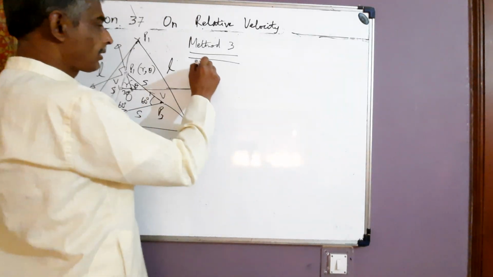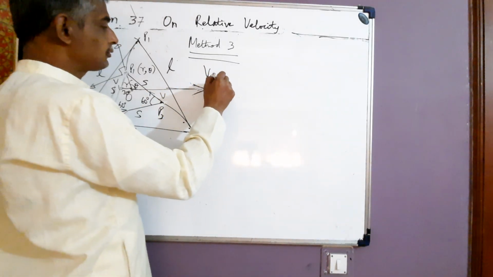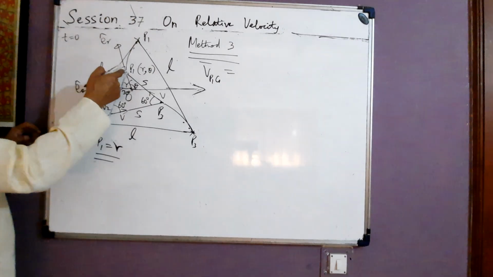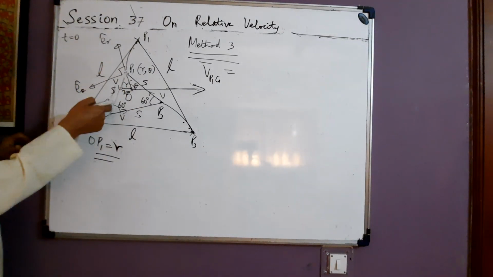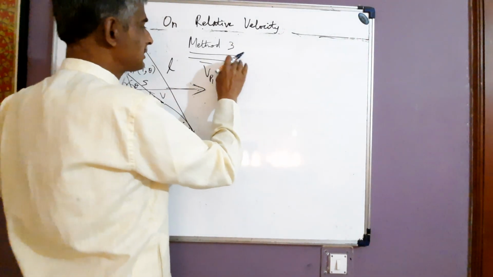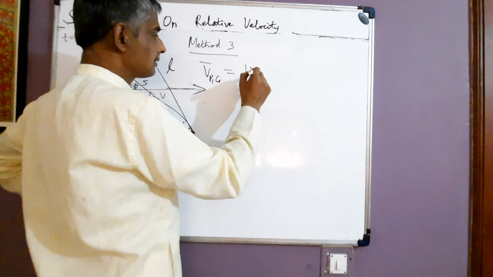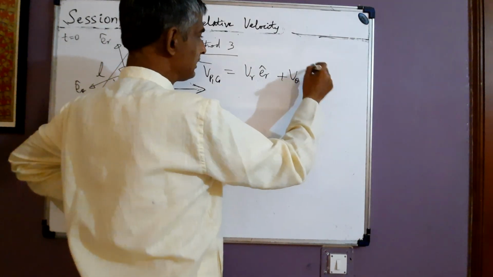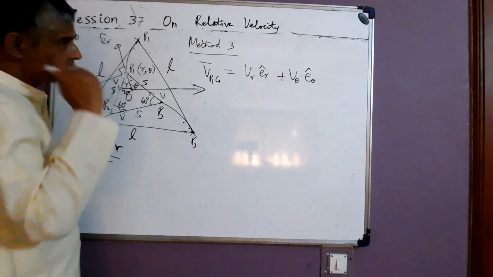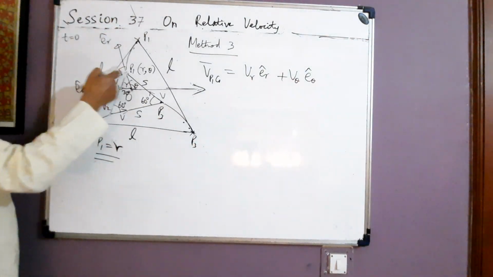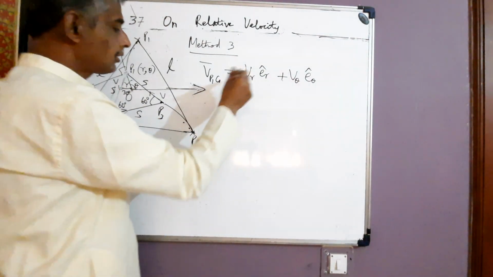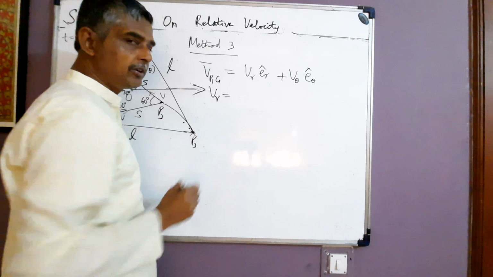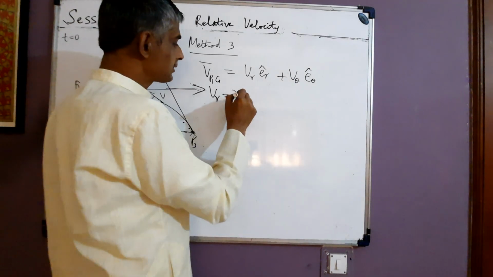See, the velocity of P1 with respect to ground is just this velocity V along P1 to P2. That can be expressed in cylindrical coordinate variables as VR ER plus V theta E theta hat. ER and E theta are unit vectors as defined just now. Now this VR is the radial speed of point P1.